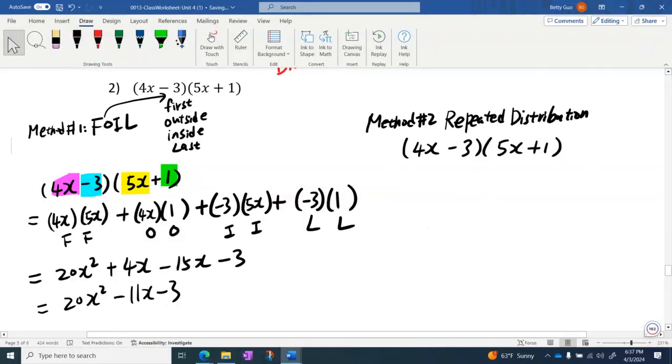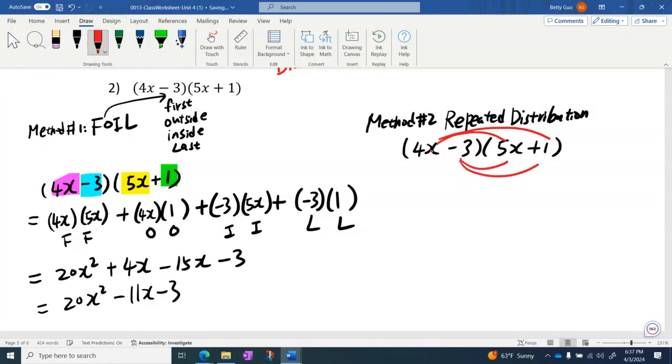Repeated distribution method. Firstly, distribute the first term in the first parentheses to the 2 terms in the second parentheses. And then we distribute the second term in the first parentheses to the 2 terms in the second parentheses.